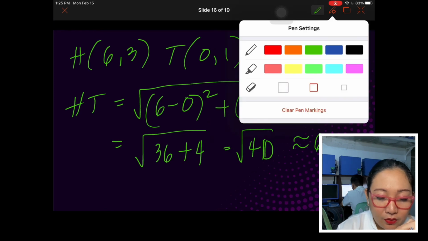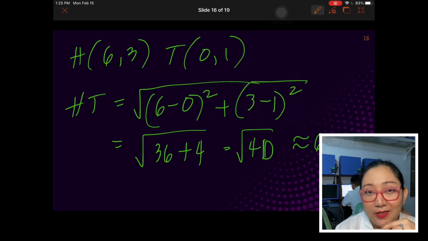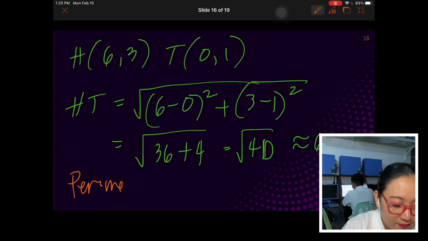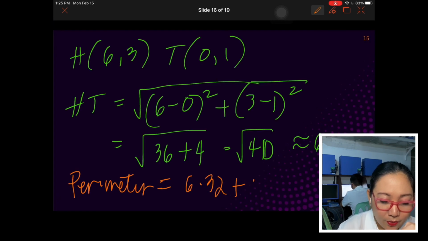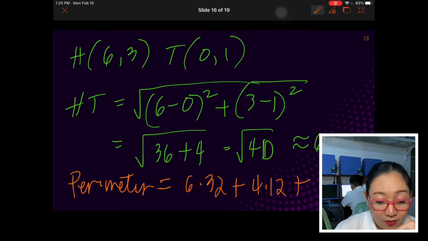Okay? Now, how to find the perimeter? Pag-a-add-add lang po natin yung mga yan. So, meron tayong 6.32 plus 4.12 plus 7.81.